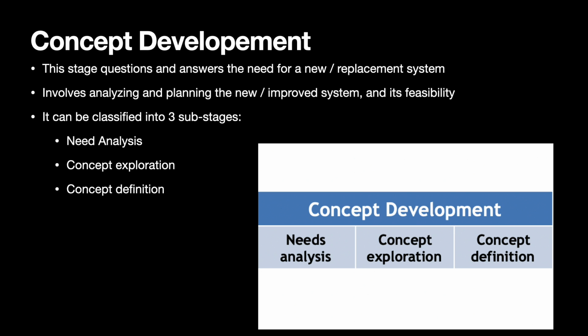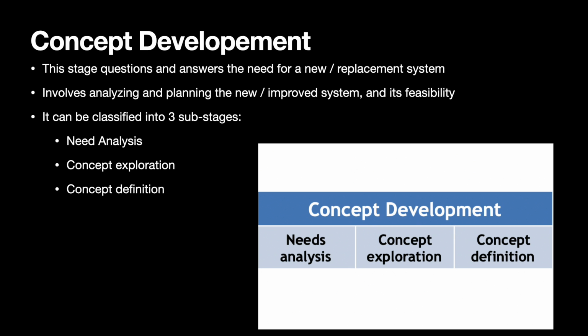Let us now see the first stage of the systems engineering life cycle, which is the concept development stage. This stage questions and answers the need for a new or replacement system. It involves analyzing and planning the new or improved system and its feasibility.